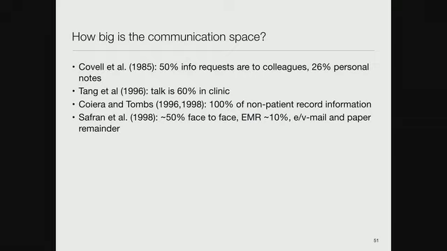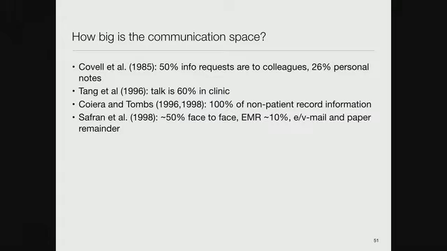So if a doctor is on rounds, walks into a patient's room and says, I want to know, has this guy's temperature been going up or down? A quarter of the time he'll look at notes, and half the time he'll turn to the nurse and say, is this patient's temperature going up or down?